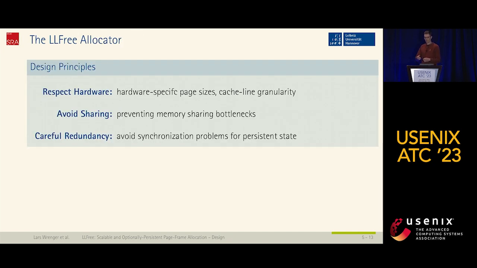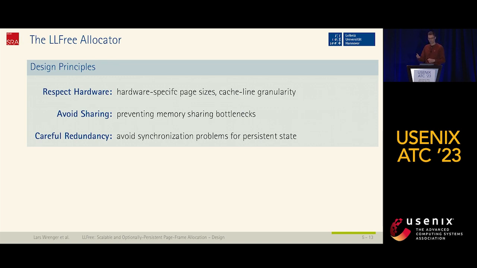For our allocator redesign, we followed a few design principles. The first design principle is to respect hardware. Obviously, for a page frame allocator, the hardware-specific page sizes that are used for the dynamic paging, so 4 KB and 2 MB on x86, are the most important allocation sizes.